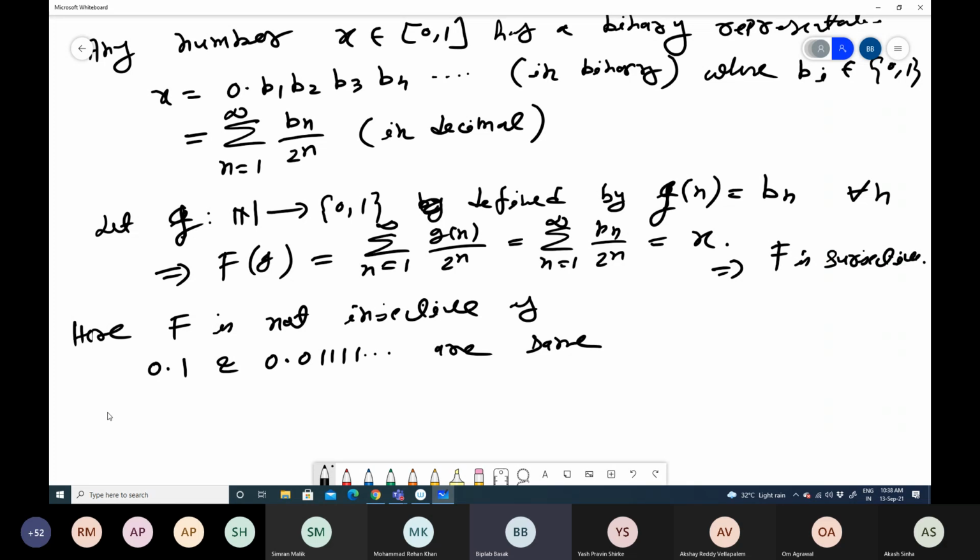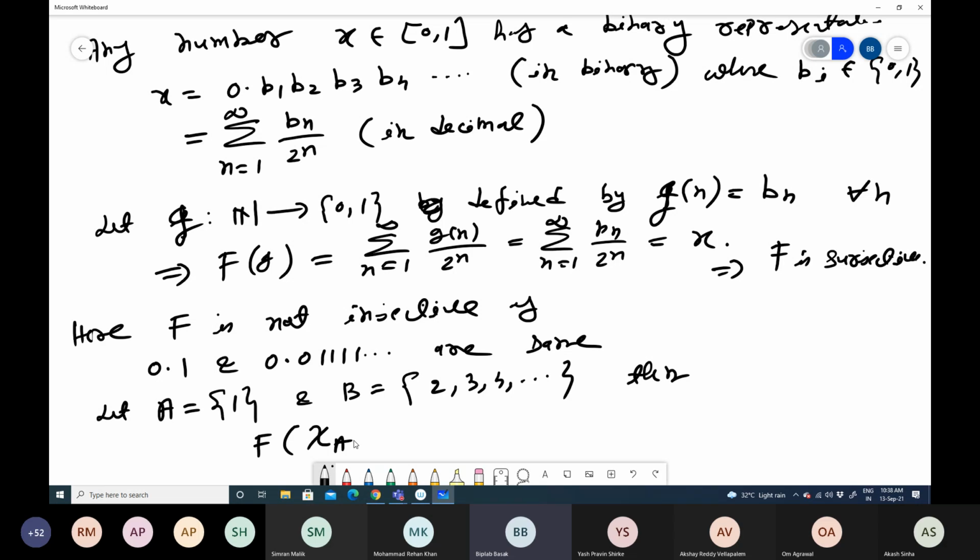In other words, let A equal the singleton {1} and B equal {2, 3, 4, ...} going on in this way. Then capital F of chi_A is the same as capital F of chi_B.